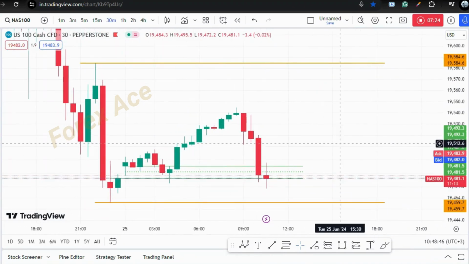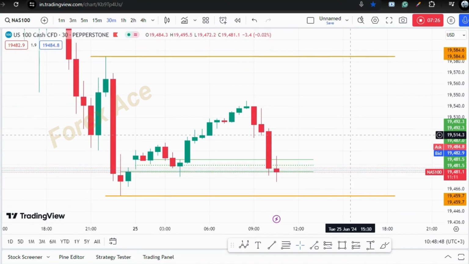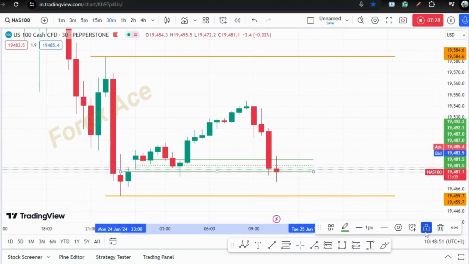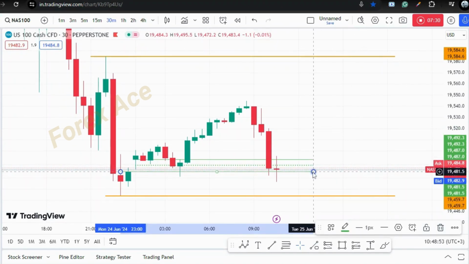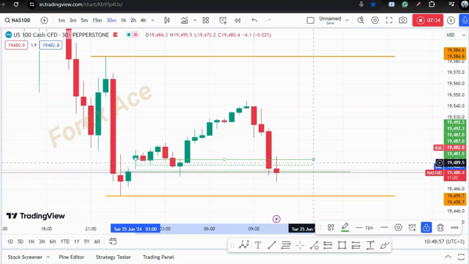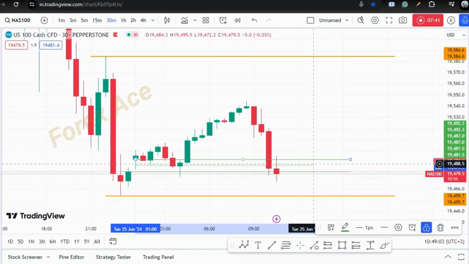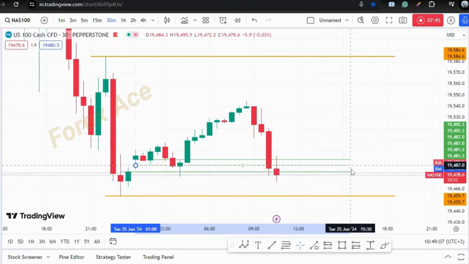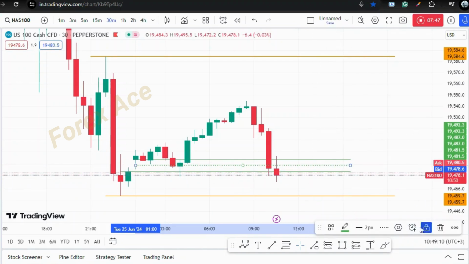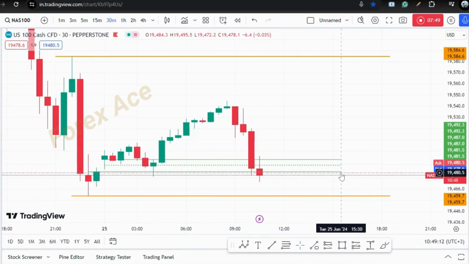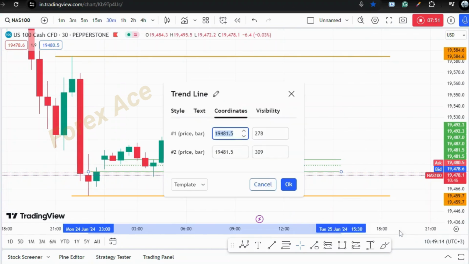Good. Now we can go to the lower time frame. We need to annotate this, so we're going to name this.